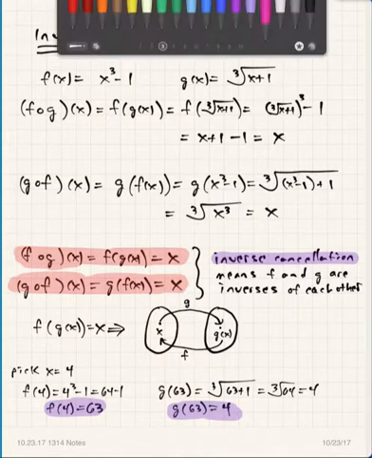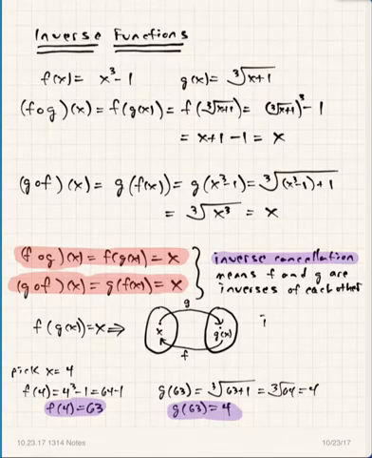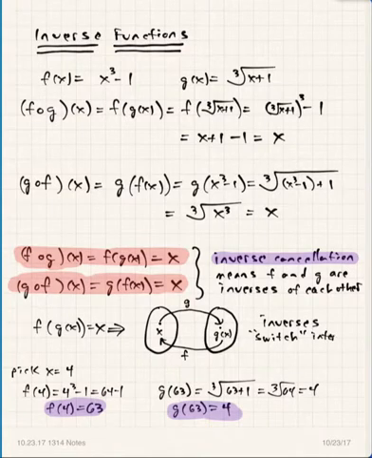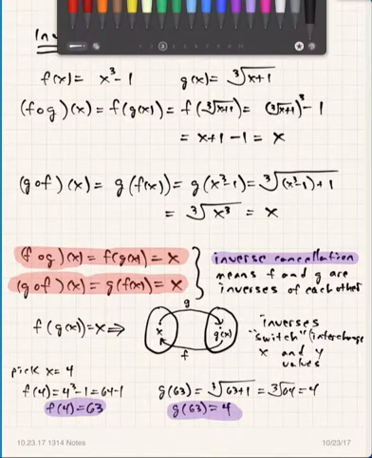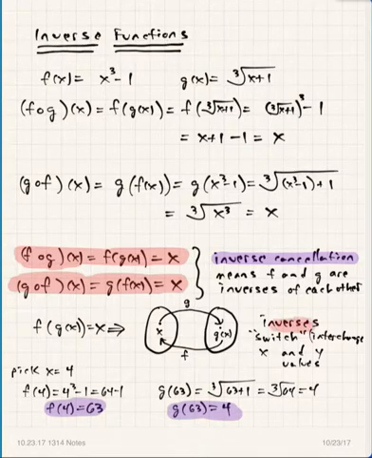We have that inverses switch, or interchange, x and y values. And I'm going to go ahead and highlight that one also. So we've got those two properties right there, inverse cancellation and the fact that inverses switch x and y values.